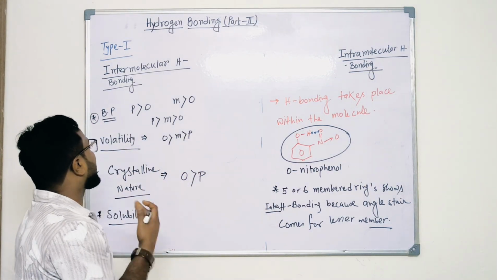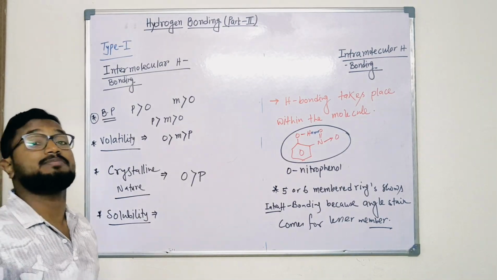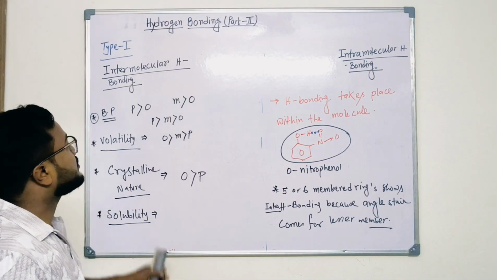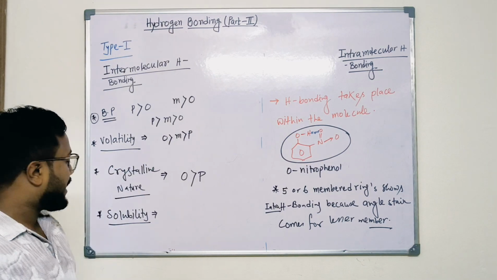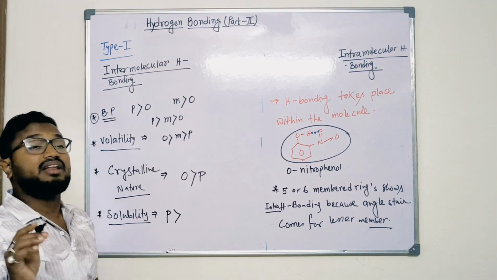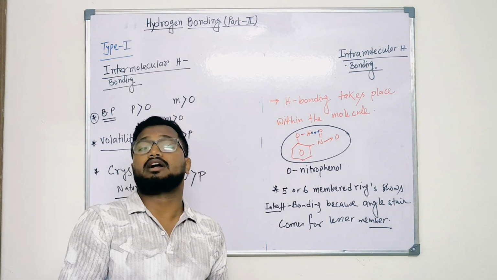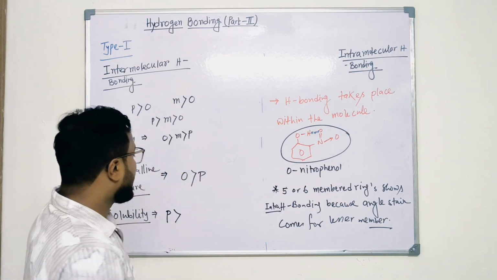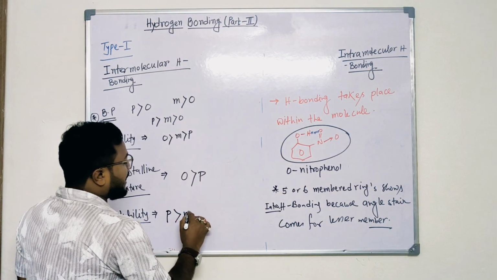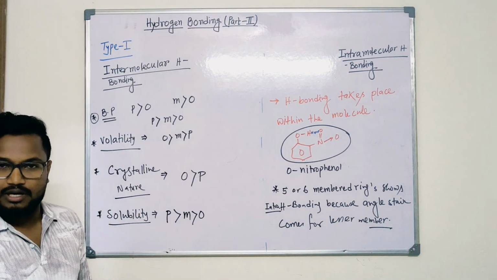In case of para compound, we have seen that extent of hydrogen bonding is better in comparison with ortho compounds. As a result, solubility of para will be highest. And when intermolecular hydrogen bonding is observed, solubility in the compound is better. Highest is para, then meta, then ortho, if we are comparing solubility of the compound.